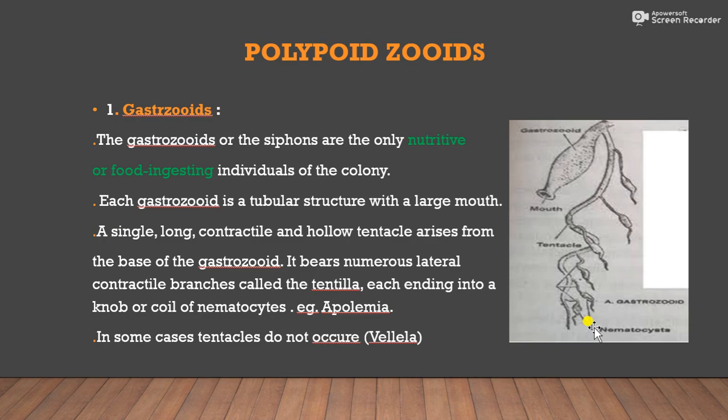Its example is Apolemia. In some cases, the tentacle does not occur. All this is about the gastrozooids.